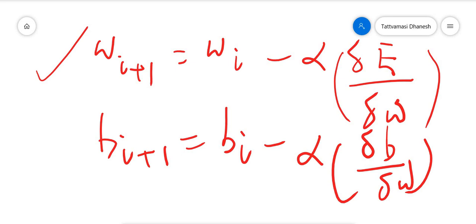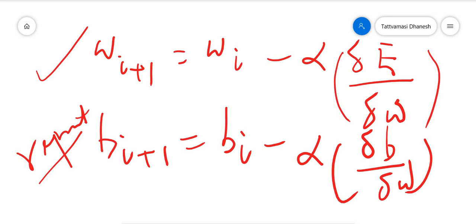I haven't gotten into the back propagation algorithm till now, so we will be more interested in weight. The same process you can repeat for bias as well. I am explaining how you optimize weight for the back propagation algorithm. So this is the equation for the bias.